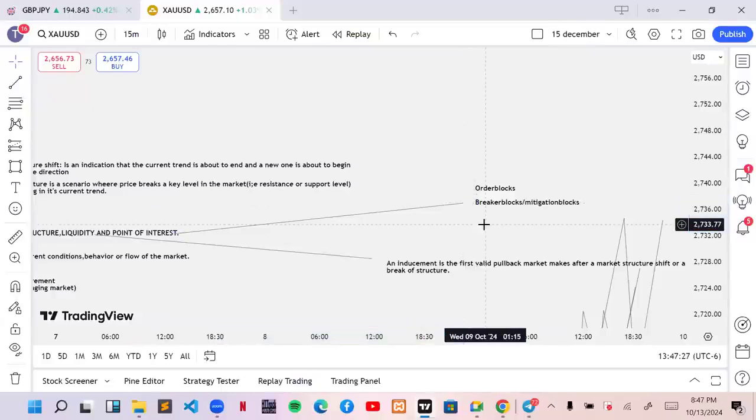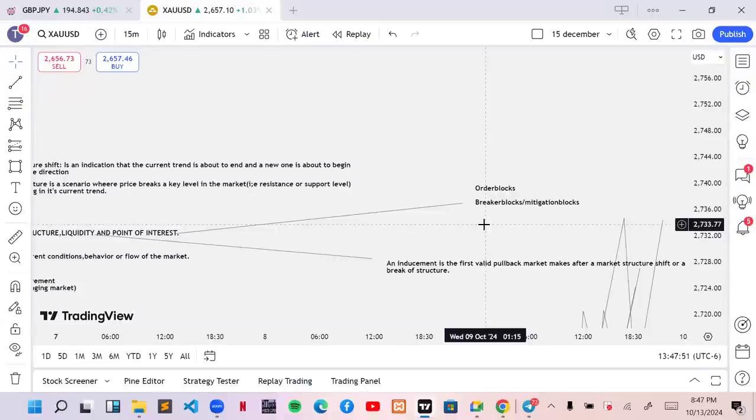So what is an order block? Order blocks are those zones in the market where there are a lot of institutional orders. Now, people that trade with $100, $10,000, even $100,000, they really do not make any significant move in the market. There are people that trade with billions of dollars, $500 million, $1 billion. There are people that actually make moves in the market: market makers, institutional traders.